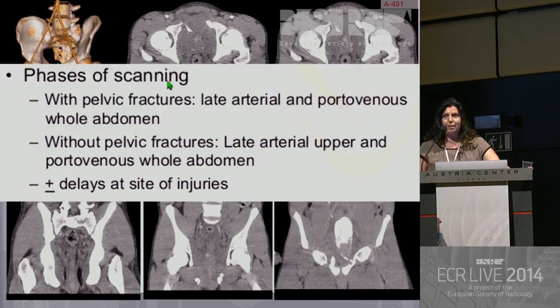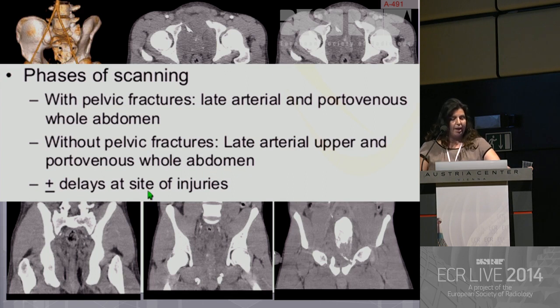And I will stick my neck out now and say that in my department, we do a late arterial and portovenous phase of the whole abdomen when we have pelvic fractures and with displaced bony fragments, and we do an arterial and portovenous phase, arterial just the upper abdomen so as not to miss the pseudoaneurysm, and the portovenous phase for the whole abdomen.